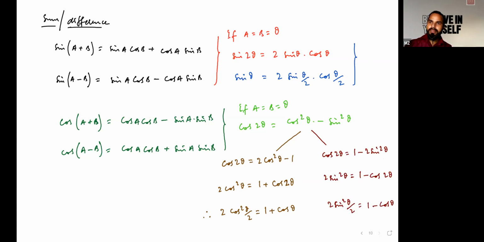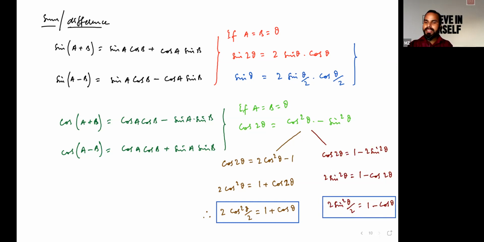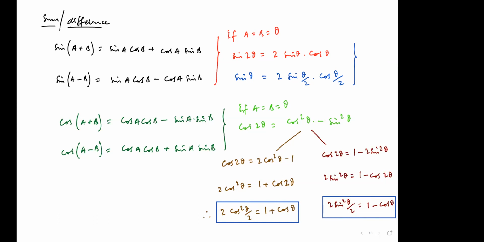So just remember this whole part, this part, and this part as well. Is it clear to everyone? Yes, sir. Okay, just write it down.